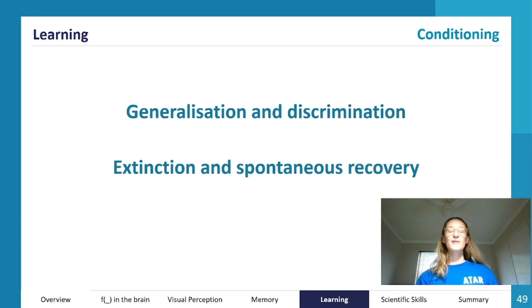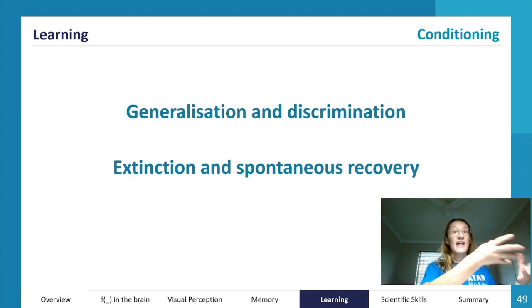So for example, if the white bunny had not made little Albert cry, he would have been exhibiting stimulus discrimination. Or for example, if you were attacked by a dog and that has caused you to be very fearful of dogs, generalization would mean that you're afraid of all dogs, whereas discrimination would be discerning that you only need to be afraid of that particular dog.